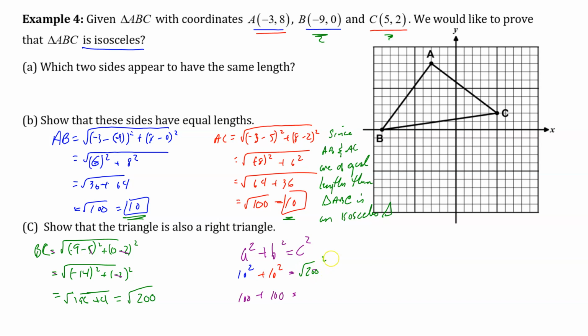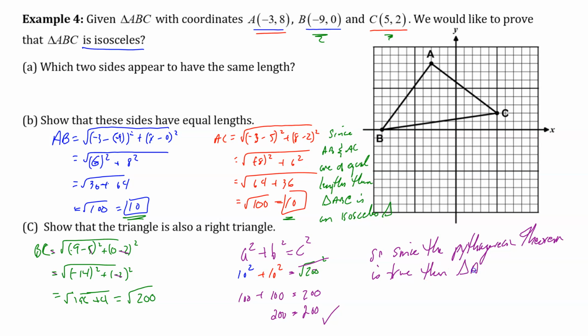Square root of something squared, they cancel. So I just have 200. So 200 does equal 200. Therefore, it is correct. So since the Pythagorean theorem is true, then triangle ABC is also a right triangle.